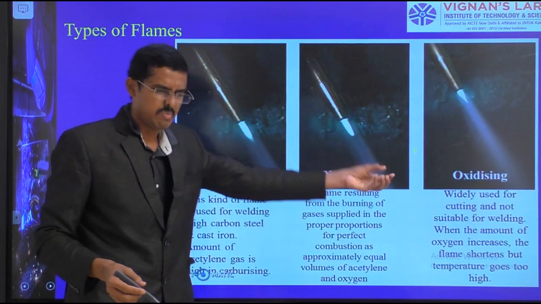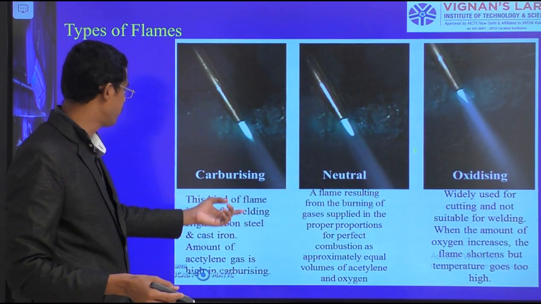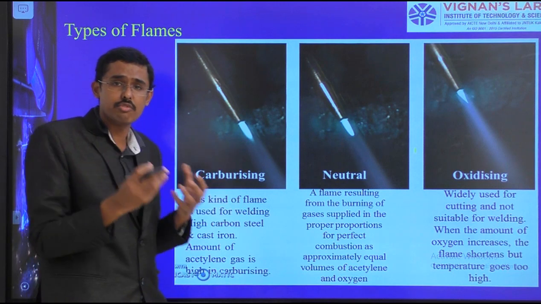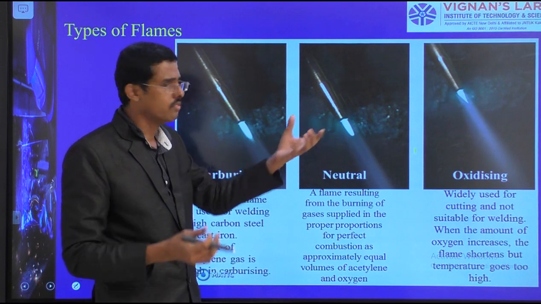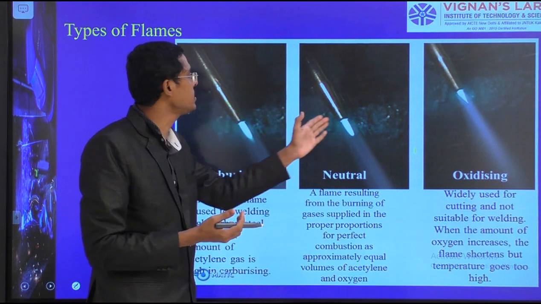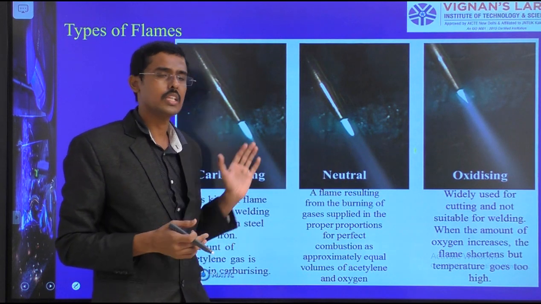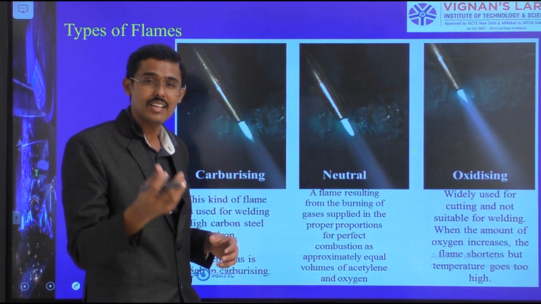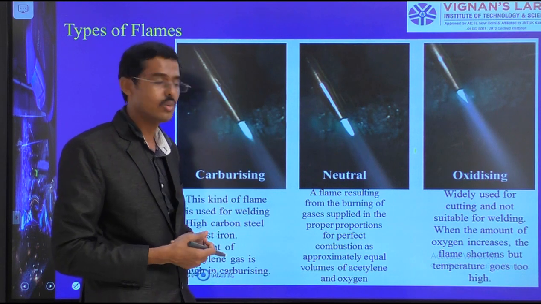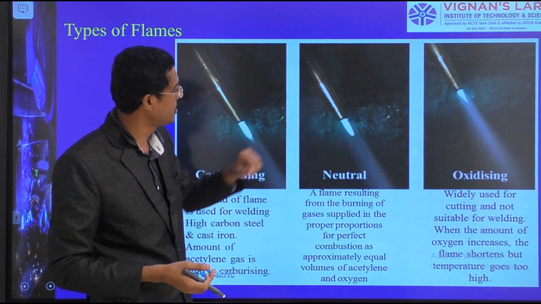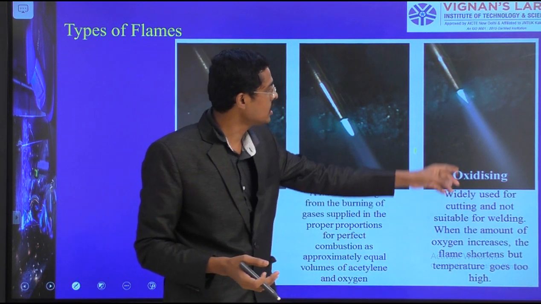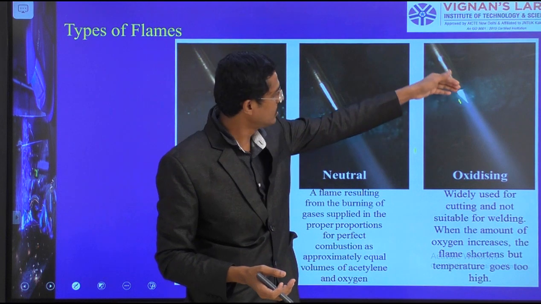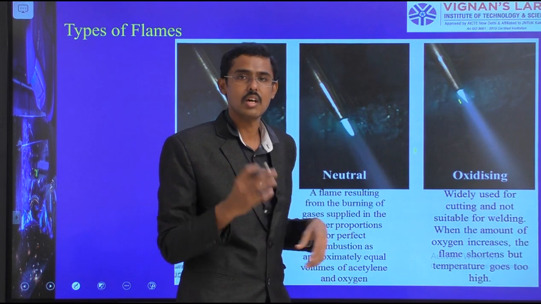So these are the applications we have seen. The welder has to identify this kind of flame. As a normal person, everything looks the same, but the skilled welder can tell. Due to the sharp white color, the flame is neutral. With oxidizing, it is pointed, and the long blue flames are feathered.